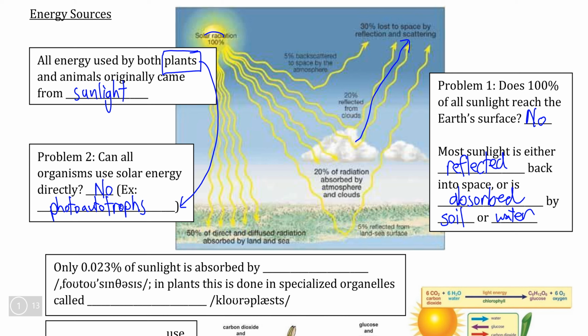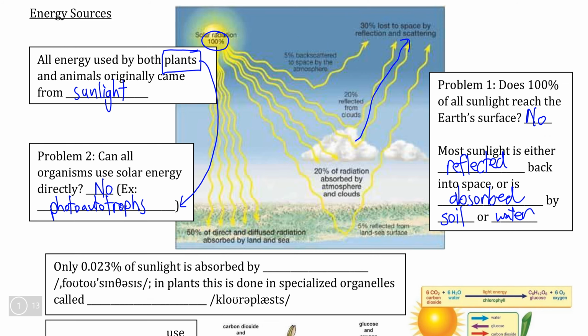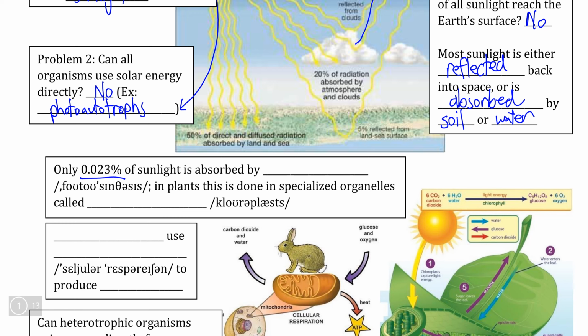And if we think of 100% of the sun's energy that even makes it to Earth, only 0.0023% of sunlight that even makes it to Earth is able to be used by photoautotrophs.